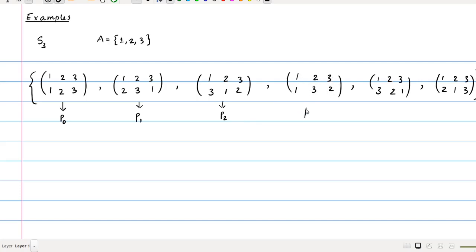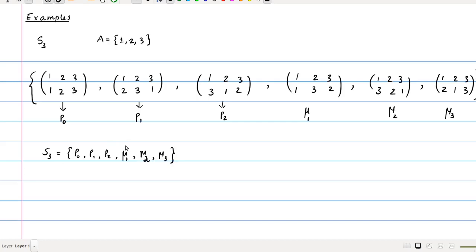This permutation is represented by the symbol mu1, and this is mu2 and this is mu3. So S3 can be written as the elements rho naught, rho 1, rho 2, mu1, mu2, mu3. These are the 6 elements of S3.